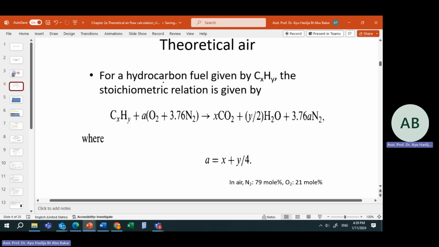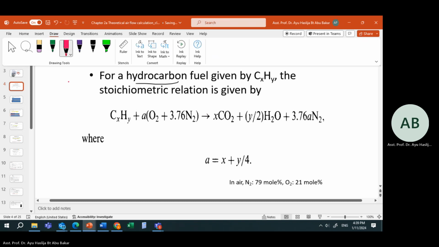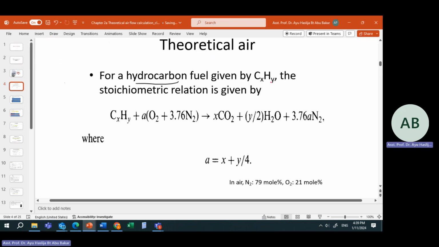Now for a hydrocarbon fuel given by CxHy. Basically CxHy, amount of X, amount of Y of H. Okay, the stoic. Stoic here we always refer as the optimum, the minimum amount of air.